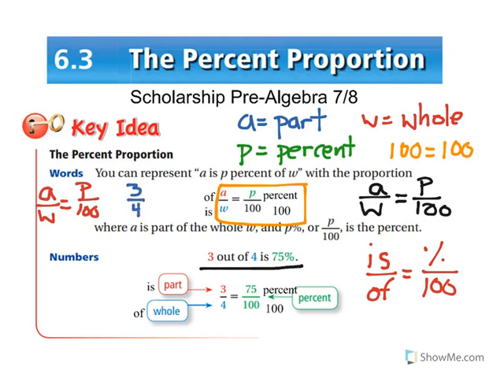The 100 remains constant. Therefore, we don't know what the percent is. Well, actually, they give it to us. The percent is 75. That's where we put it here, if that makes sense.